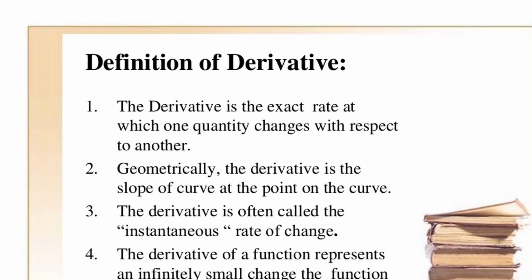Now come to the first point, the definition of derivative. What is the definition of a derivative? The derivative is the exact rate at which one quantity changes with respect to another.